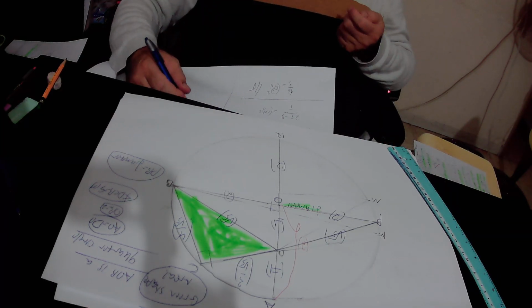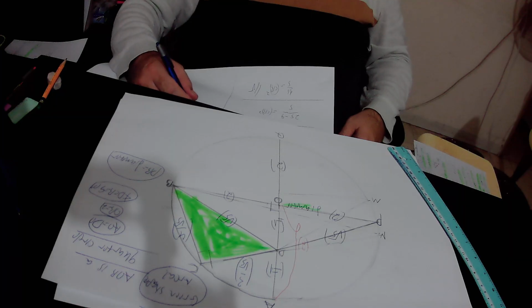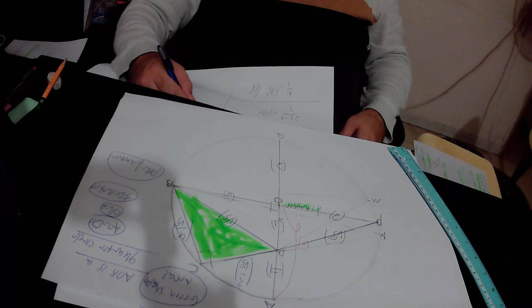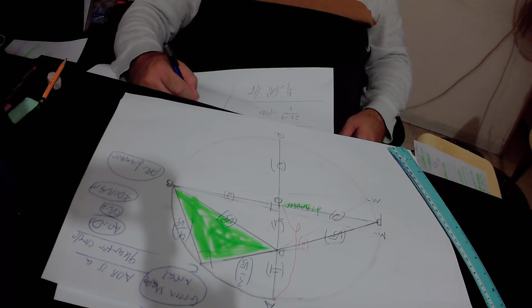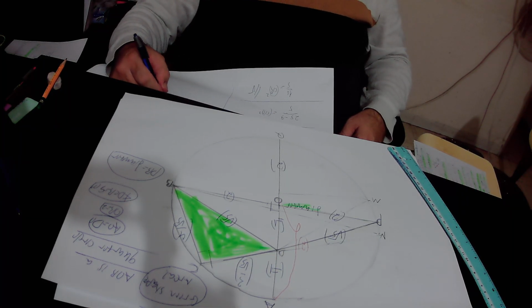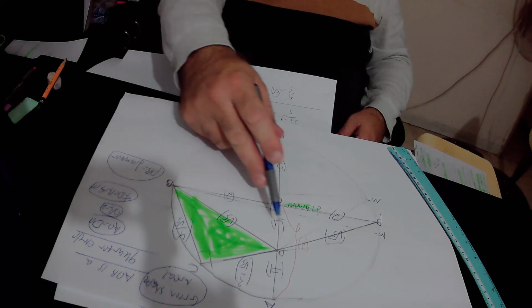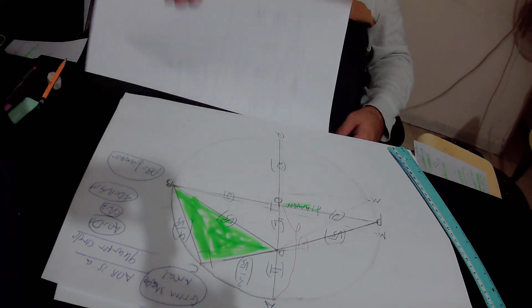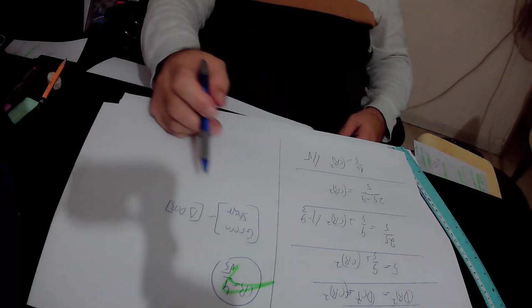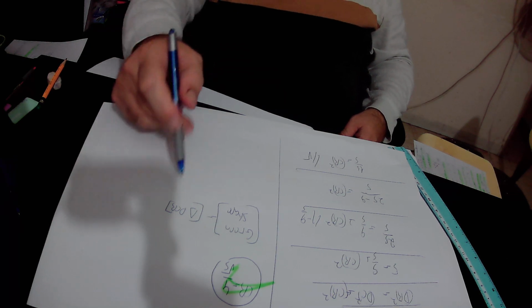The area of the green shape, that is the area of the green DCB. And again, it is very easy to say that the area of this green shape is actually the area of this green DCB.